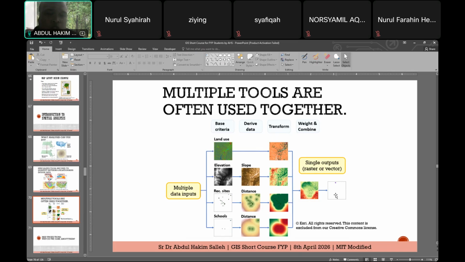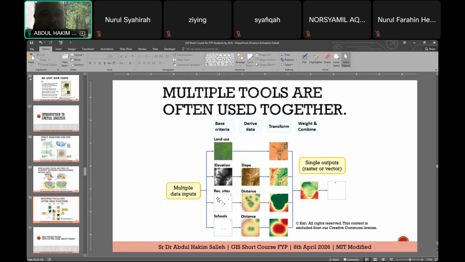Now the base criteria will be the land use, the elevations, the recreational sites, and the current schools. The derived data will be slopes. From elevation, it can produce slopes.